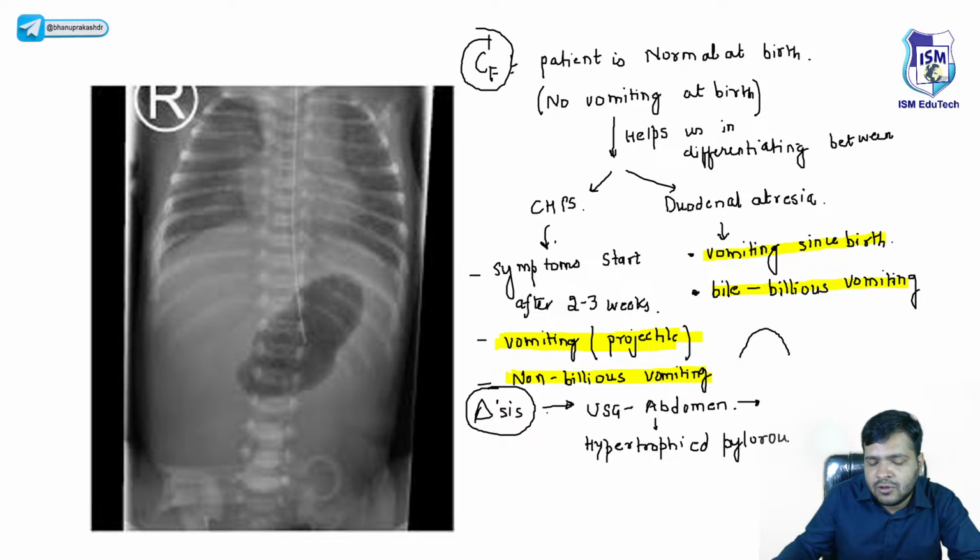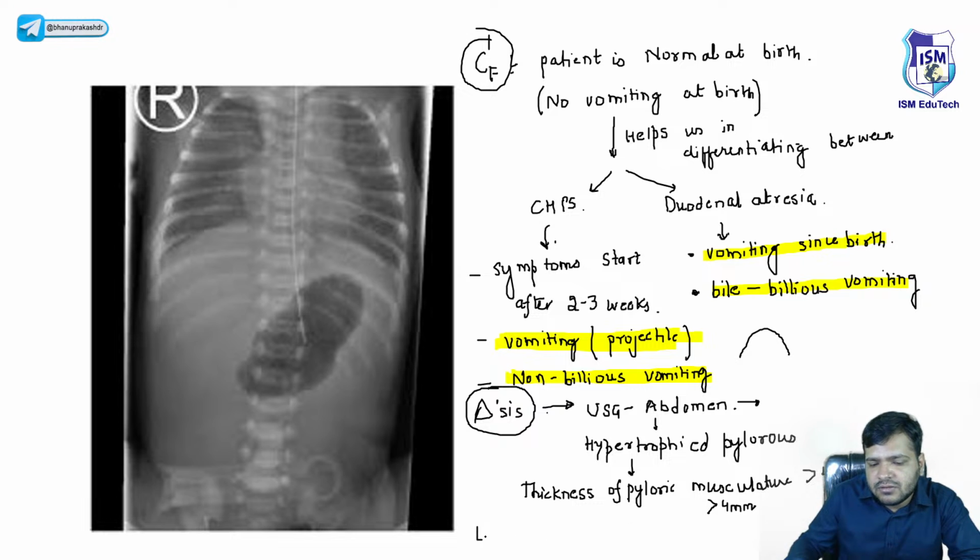Now, when we say hypertrophied pylorus, it simply means that the thickness of the pyloric musculature, which is also asked in the question, is more than 4 millimeters.